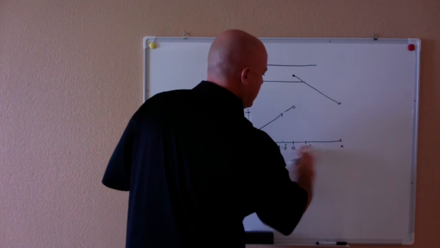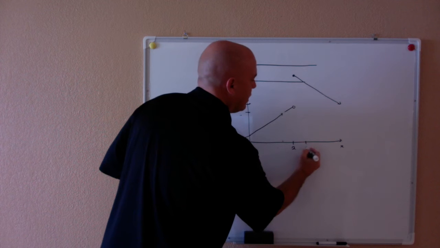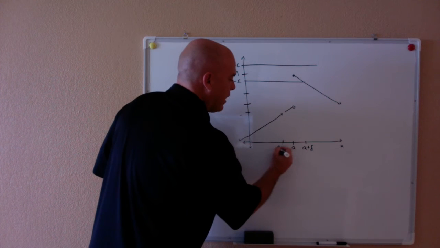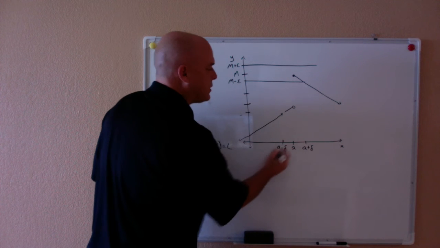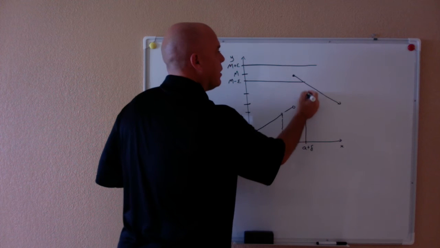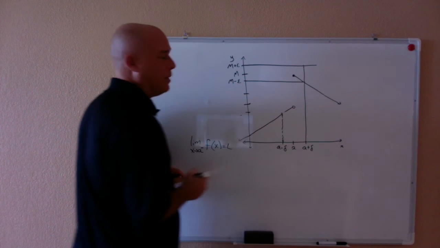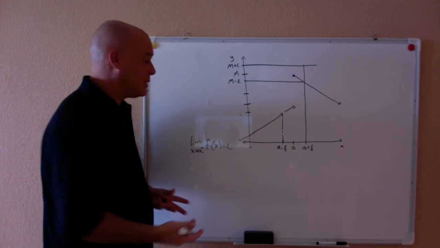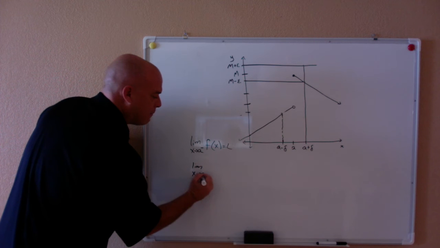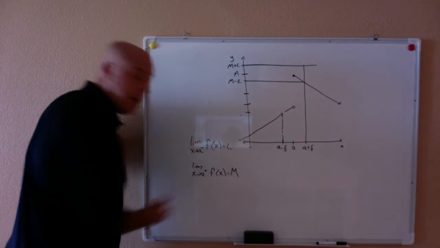And if I drop down here, and I go within delta units, maybe A minus delta on this side, notice that now to the right-hand side over here of my actual value of M, the limit does exist. And so now I can say the limit as x approaches A from the right of f of x is going to be equal to M.